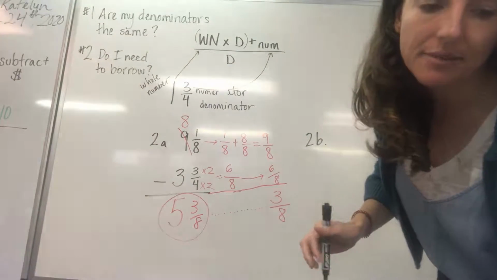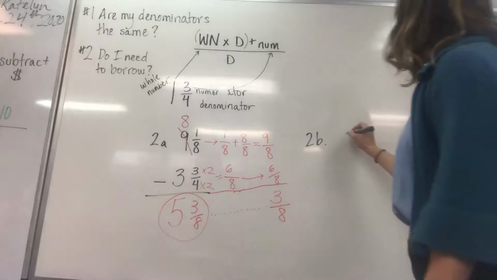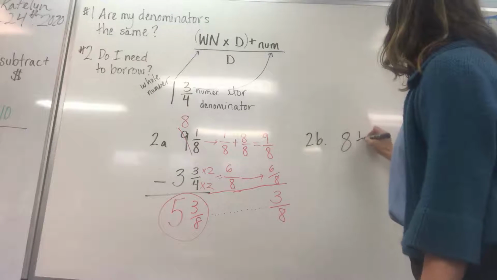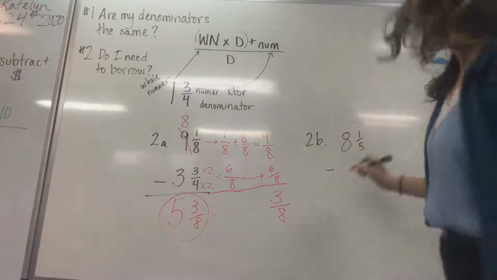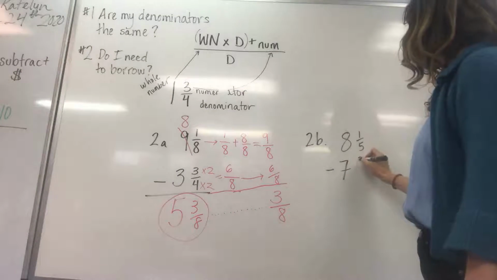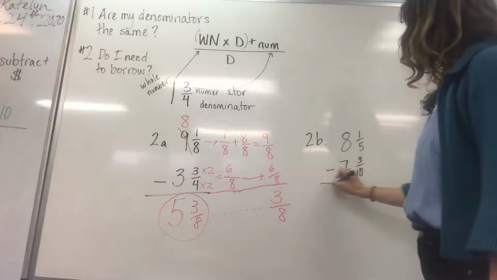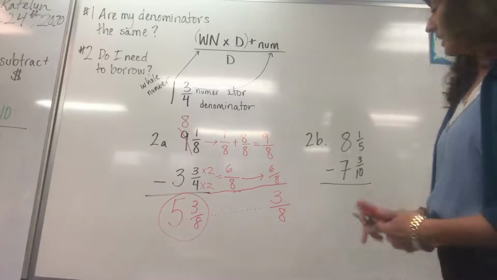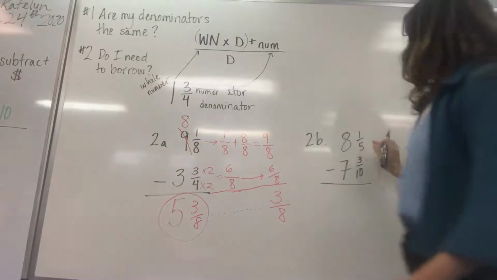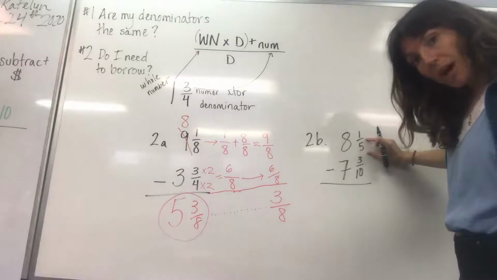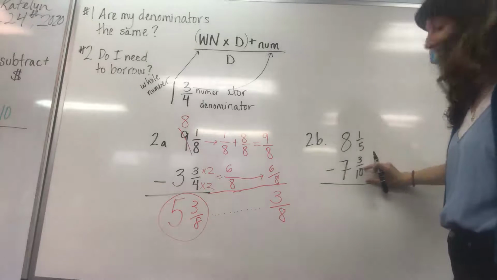Yeah. 2B, 8 and 1/5 minus 7 and 3/10. Can you see that? Very good. Question number 1, are my denominators the same? We check our denominators, that's the number on the bottom of the fraction. 5 and 10.